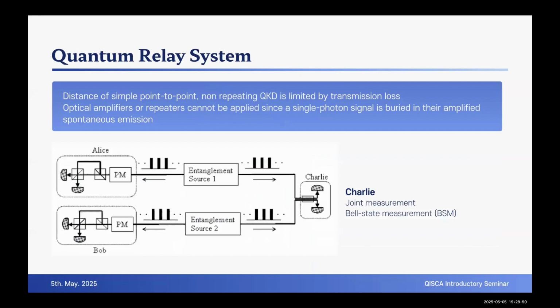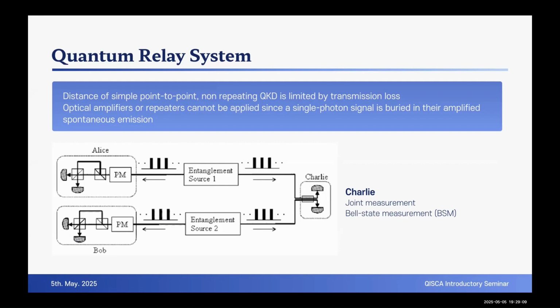Lastly, let's look at the quantum relay system and finish the presentation. One of the main limitations of basic QKD systems is transmission loss. Since they rely on single photon signals, these photons may be lost before reaching the receiver, especially over long distances.